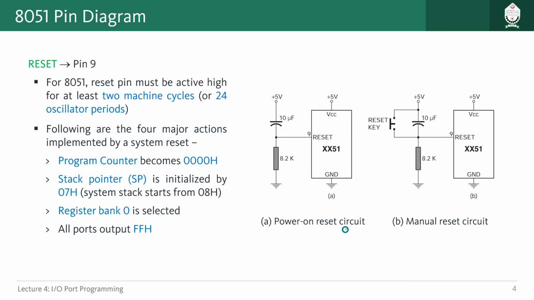That's why it's called the power on reset circuit. Whenever we power on this microcontroller, obviously we are going to get this 5 volt here, and for some duration we are going to get 5 volt at this pin, and afterwards we are going to see that the voltage at this pin is 0.